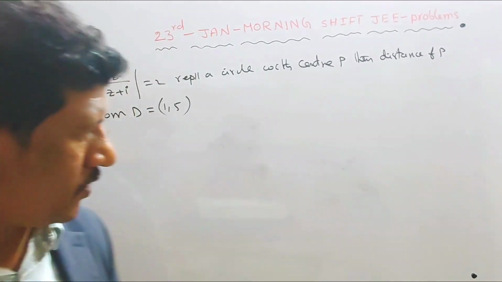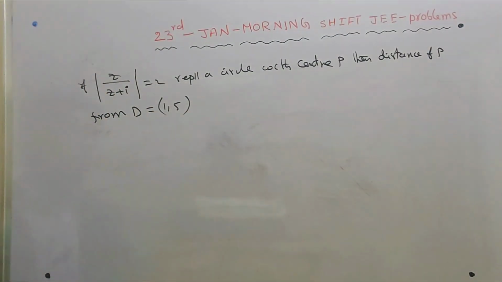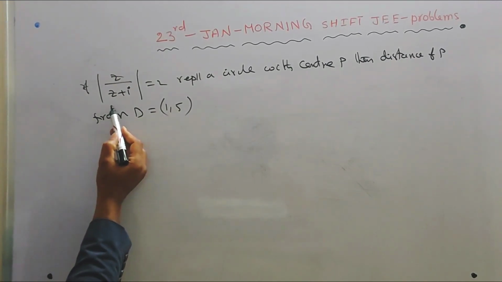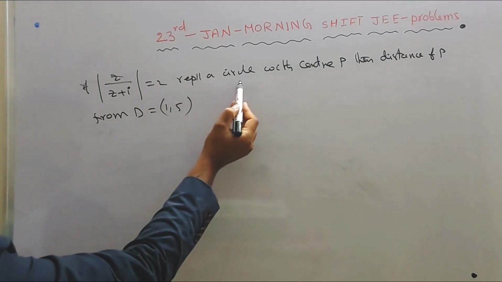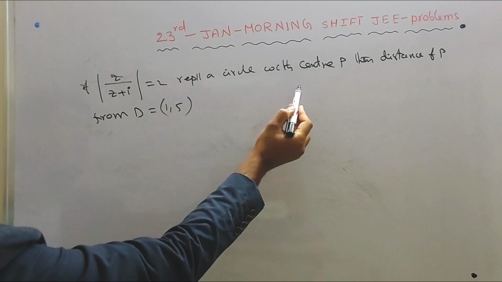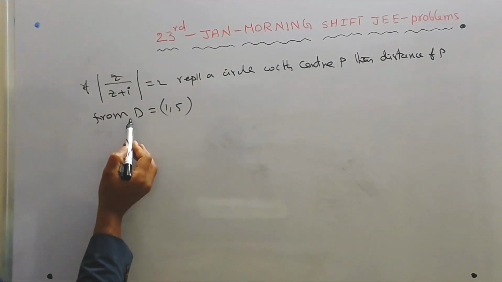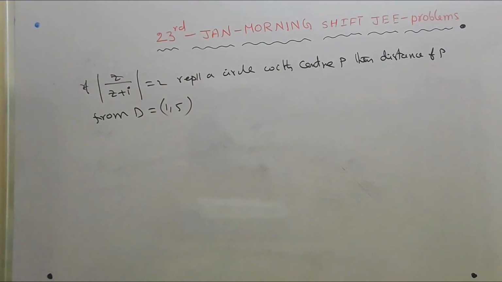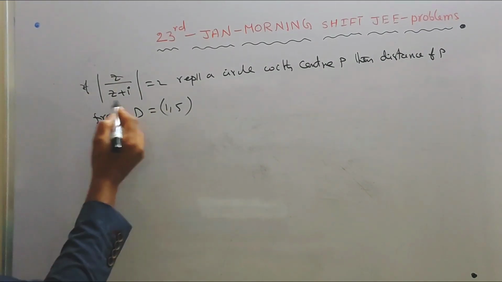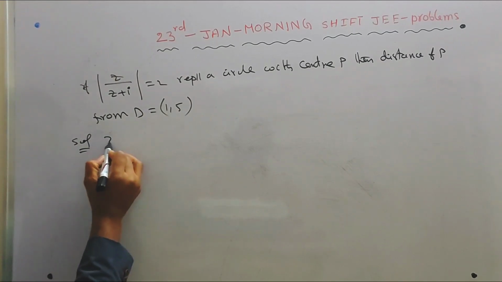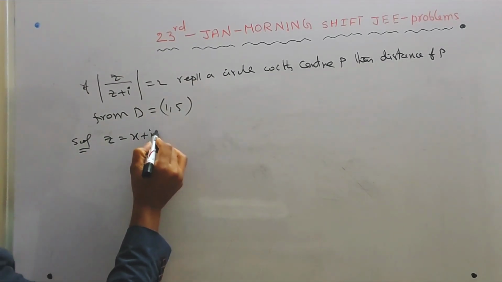Now dear students, one more question from complex numbers. So your question is here, if this one represents a circle with a center P, then find the distance of P from D. The point D is also given, so that is 1 comma 5. So you take Z as x plus iy.